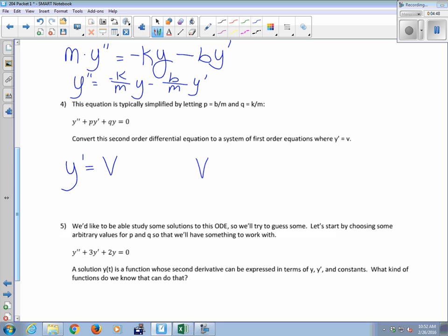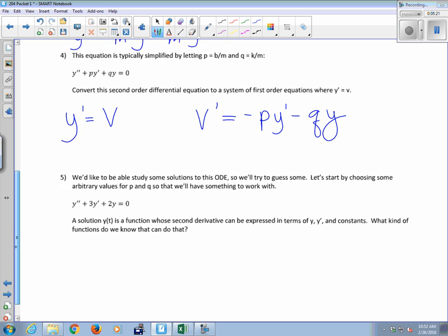What's velocity prime? Acceleration. Acceleration, which is also denoted by y double prime. So just solve for y double prime in your head, and that's what v prime is. So you end up with negative p y prime minus q y. So that's our converting to a first order system. I'm not even going to bother yet, just practicing the conversion.